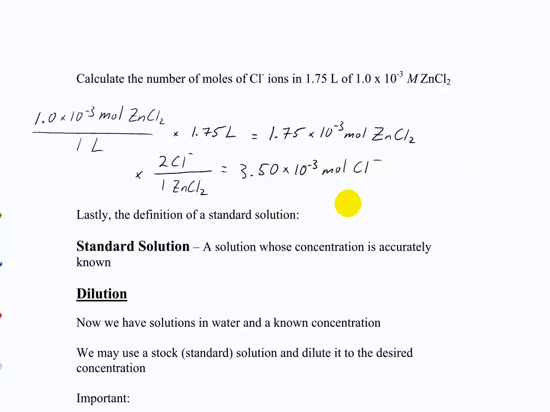So in that 1.75 liters of solution, there are this many moles of chloride. That's going to become important because we can use that now in our stoichiometry calculations. When we want to find limiting reactants and theoretical yields, we can start from solutions, from concentrations, rather than masses, and do the same types of things. So we're going to do that. Let's take 15 and come back and give that a try.